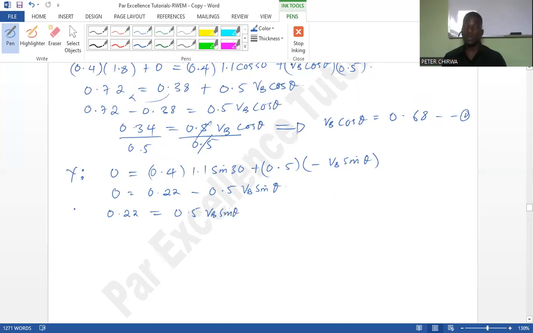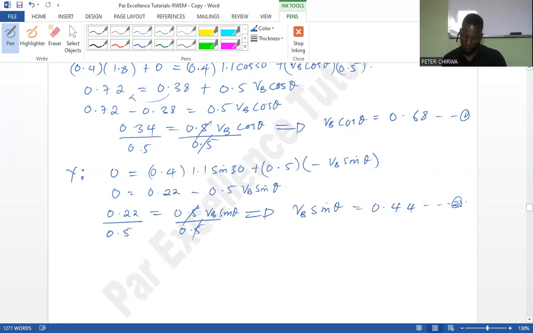When 0.22 goes the other side it will be negative, and dividing through by negative, it will give us positive. So dividing by 0.5, VB sine theta is equal to 0.44. That one is my second equation.